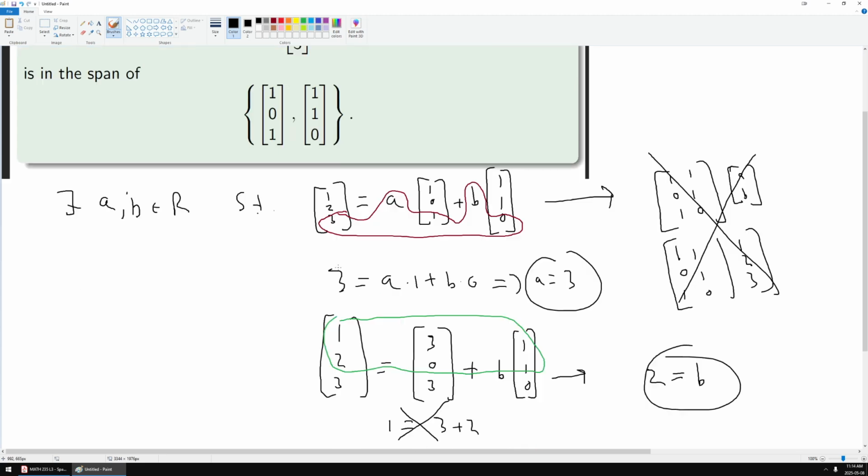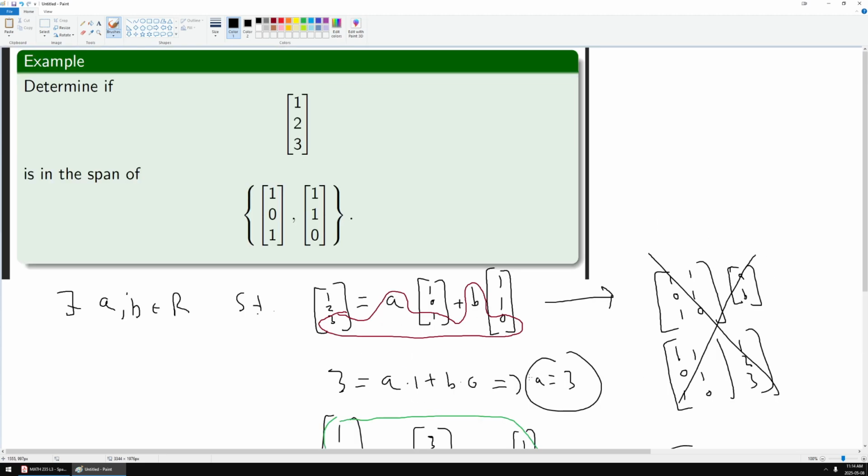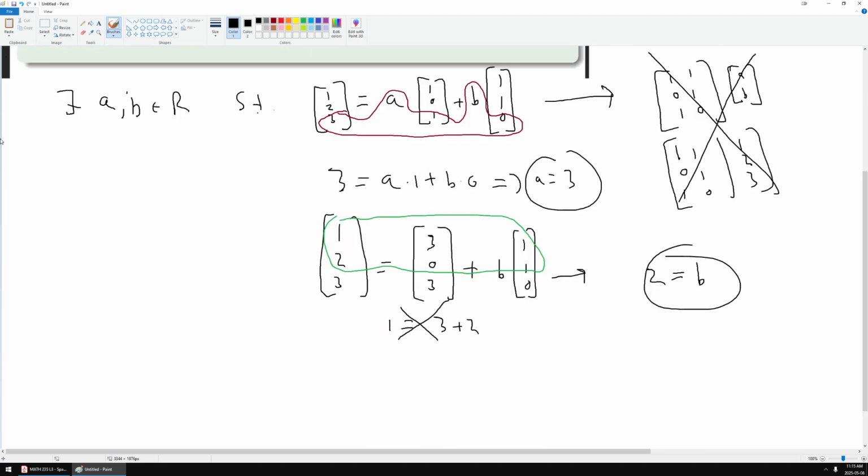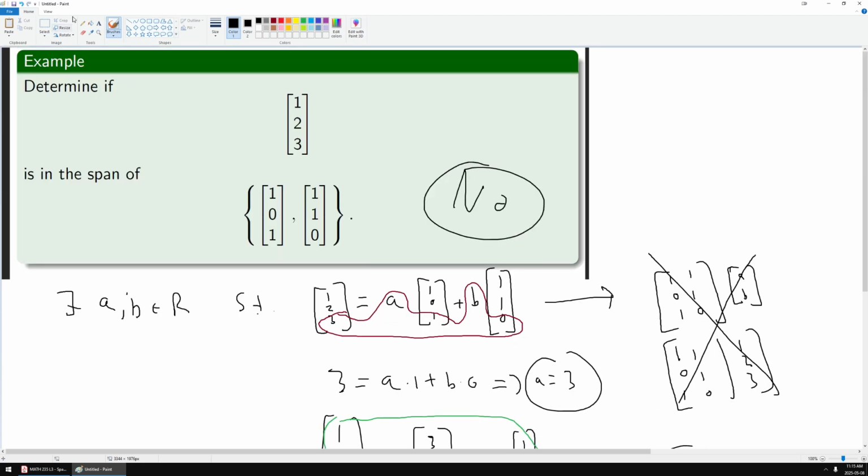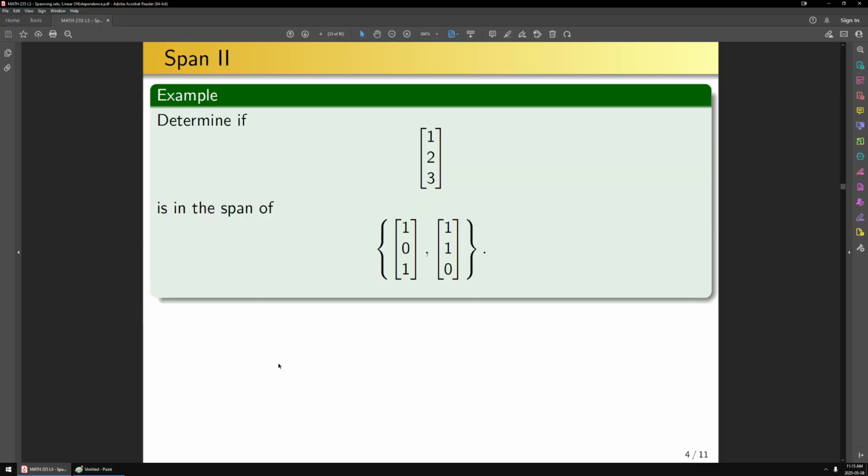Therefore, we can conclude here that the answer is no. Since it just said determine, if you just say yes or no, you're good. Since we don't have homework, if it's a quiz and you can see that pretty obviously, you can say no. It's good to give a counterexample though. So if it said determine with justification, you need your counterexample. But if it just says determine, technically, you can just say yes or no.